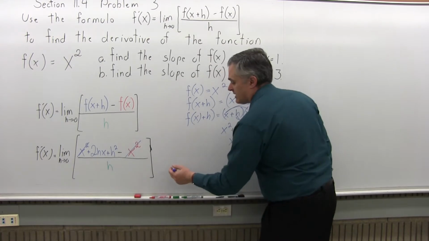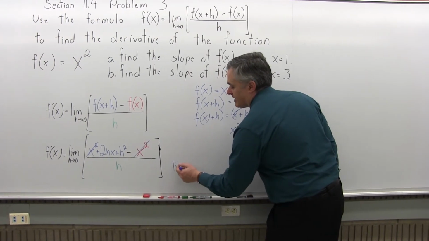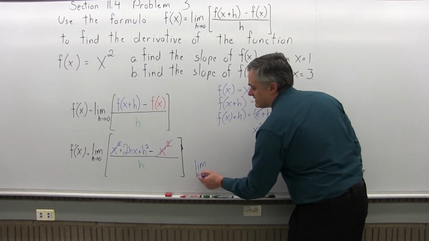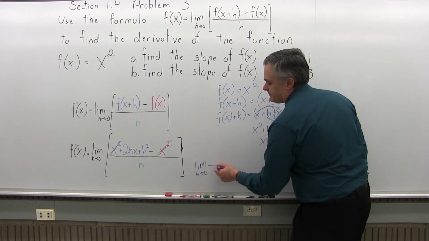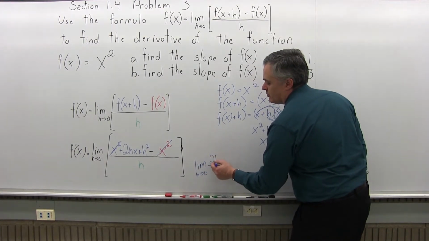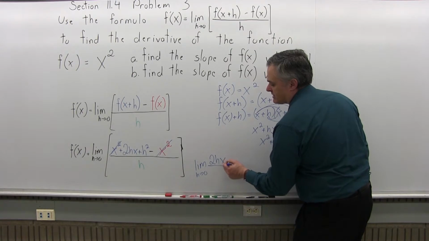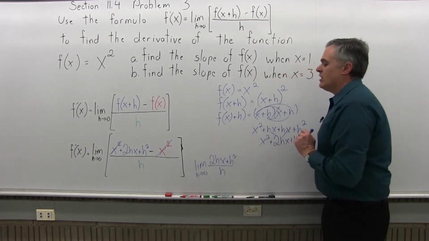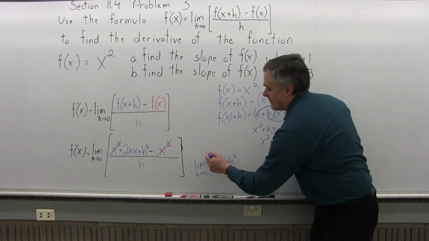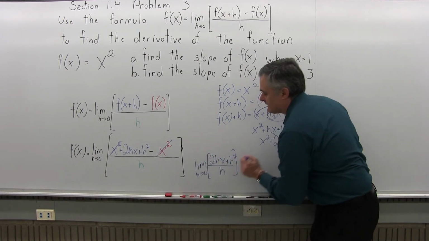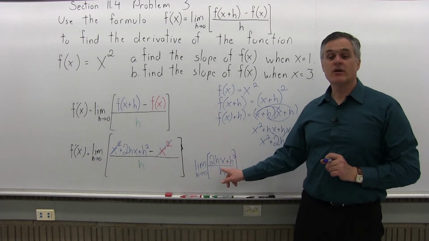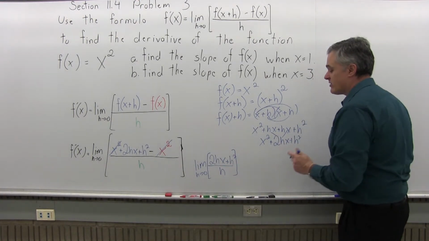So what's happening is I want to take the limit as h approaches 0 of 2hx plus h squared over h. And now every piece in the numerator has an h in it.